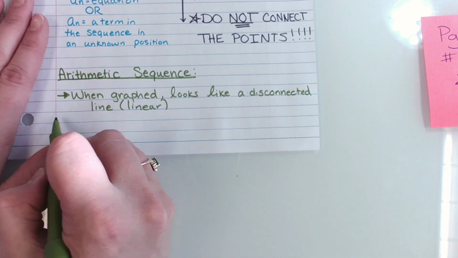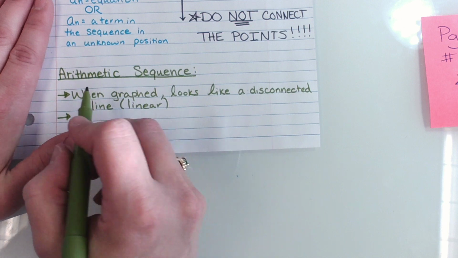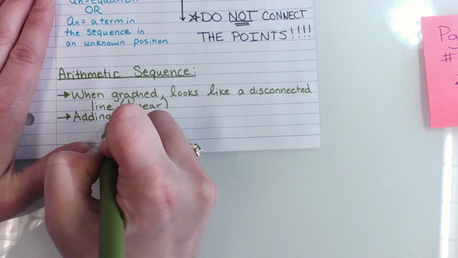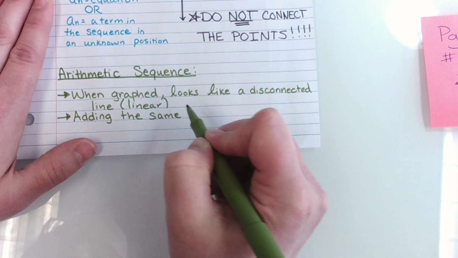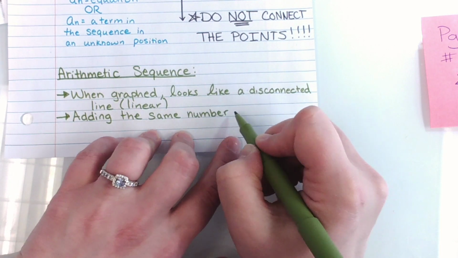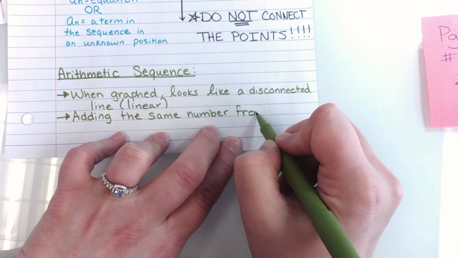What makes a sequence an arithmetic sequence is that you're adding the same number from term to term.